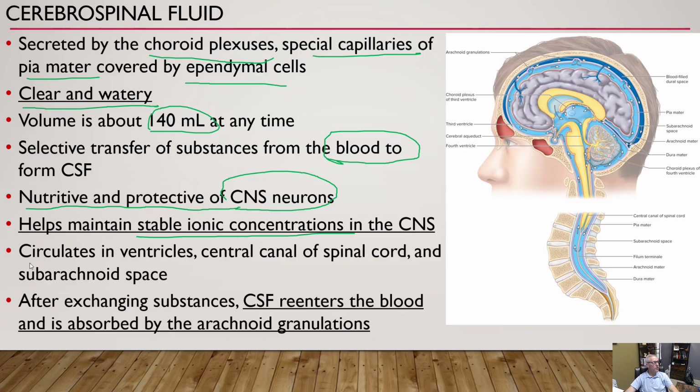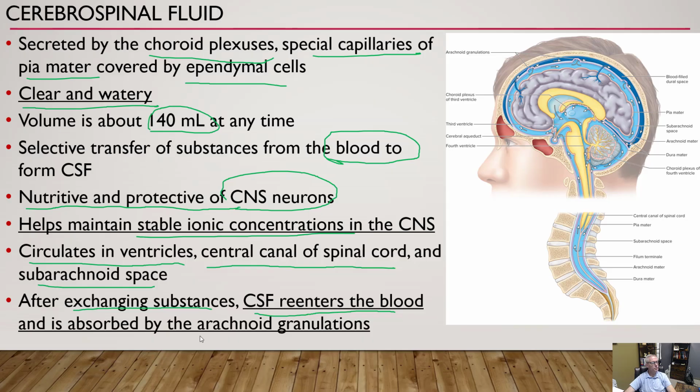All right, so we've already said that that CSF, cerebral spinal fluid, circulates in those four ventricles down through that central canal of the spinal cord, throughout that subarachnoid space. So between that arachnoid mater and that pia mater, and after it exchanges all of those ions, it will become a little bit dirty, and then that cerebral spinal fluid has to go back in that cardiovascular system, and into the blood.